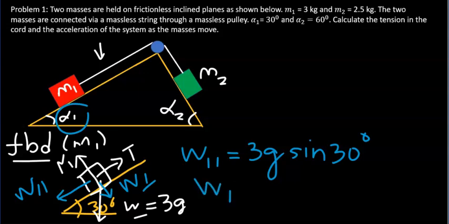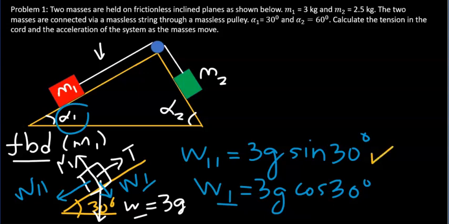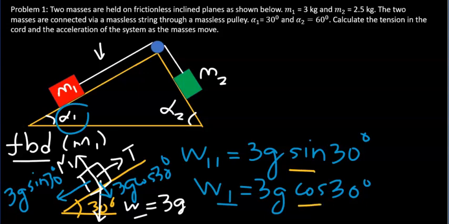Likewise, the component of weight perpendicular to the plane is given by 3g cosine 30 degrees. This is what contributes to the acceleration in this problem. So these two forces have been labeled here.